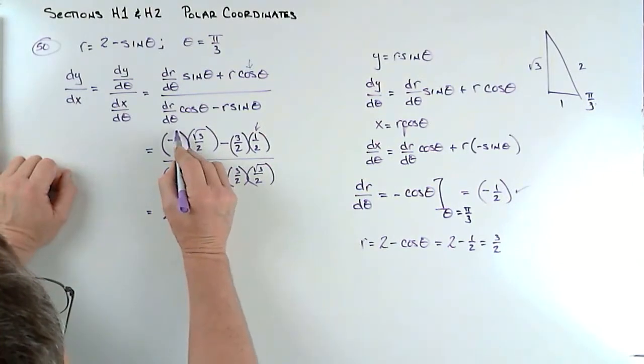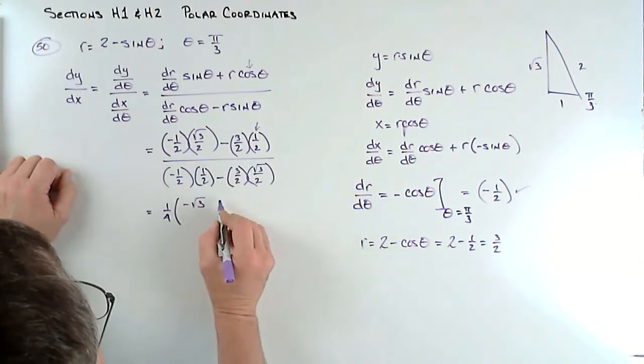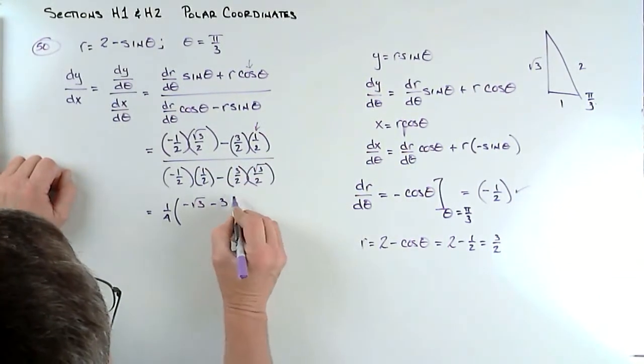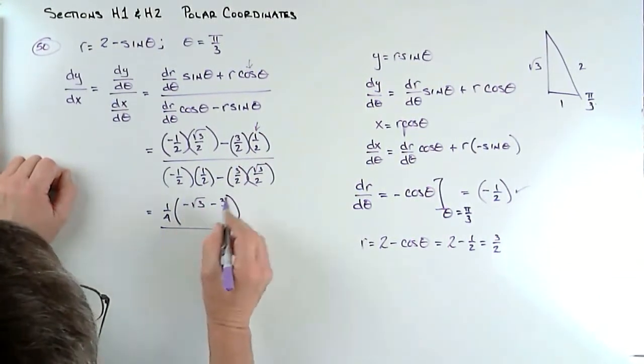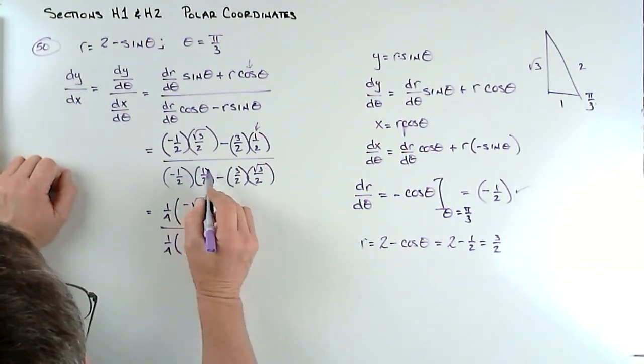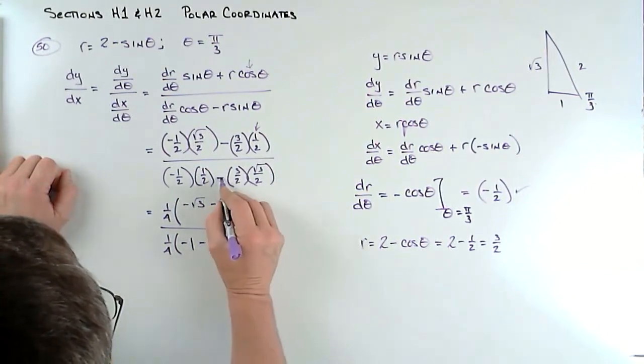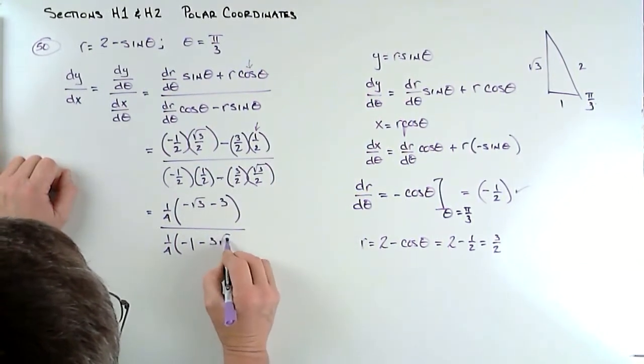That would leave me here minus √3, and here I would have minus 3. I can factor out a 1/4 on the bottom. Here I would have a 1 times 1, that would be a -1. Here I would have 3 times √3 with a negative sign from here, minus 3 √3.